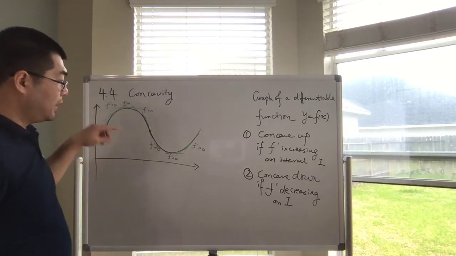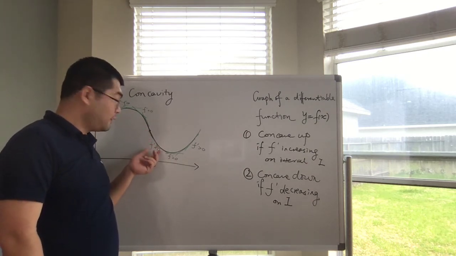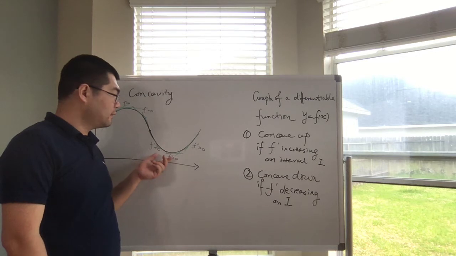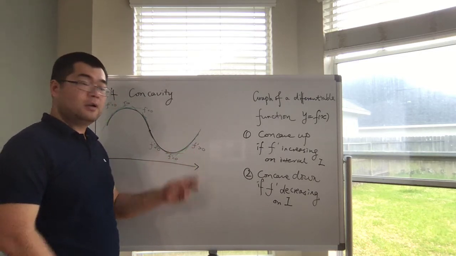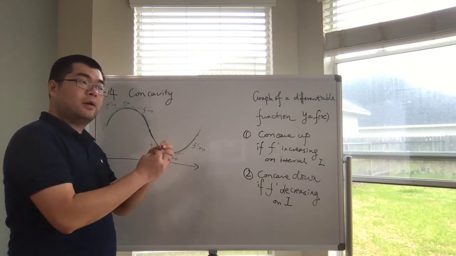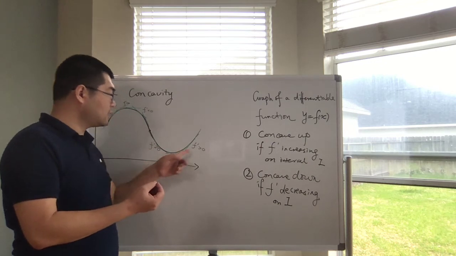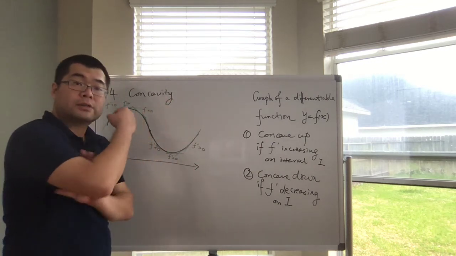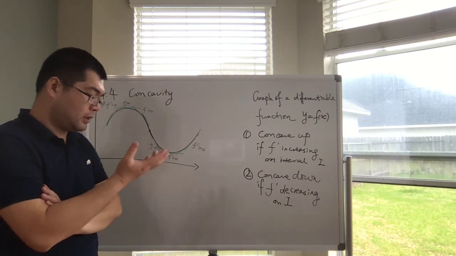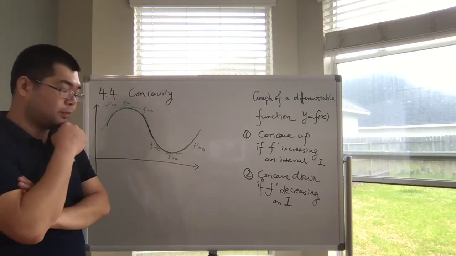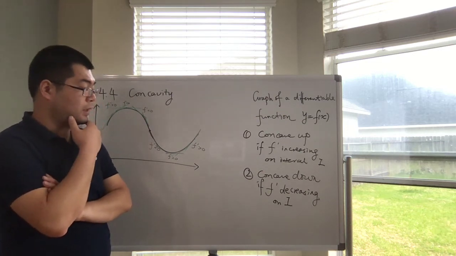And then let's look at it here. The derivative is negative, it becomes 0, and then it becomes positive. So the derivative function from here to here to here actually increases. That's what we can think about, based on the previous section we already learned.